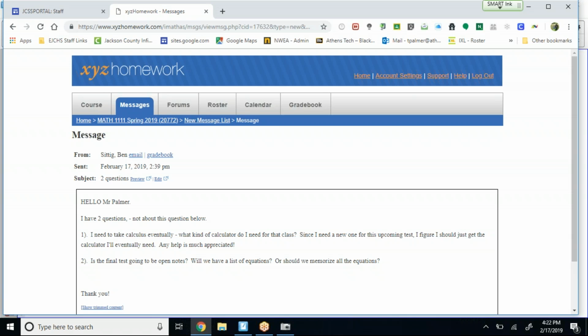So, you need to take calculus eventually. What kind of calculator do you need for that class? Well, it really depends. You got to take 1113 first. So you're taking the pre-calc, right? Yeah. I'm thinking 2 years down the line or something. I don't know. It just depends on what the professor wants to use.